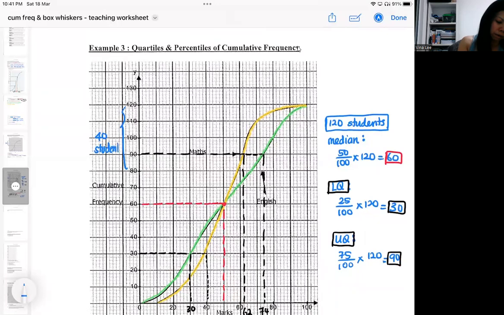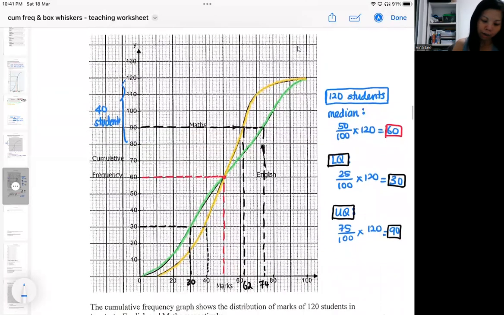Based on the top 40 students, you get the passing mark for math. Math is the yellow color, so make sure you touch the yellow color. From here, you can see the passing mark. So the passing mark is 48.